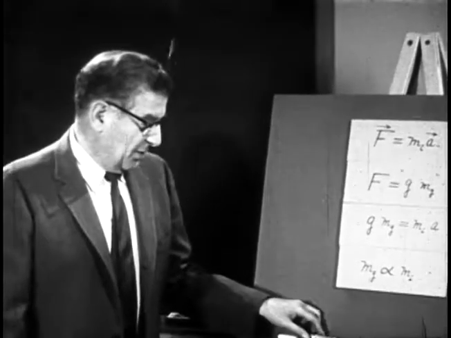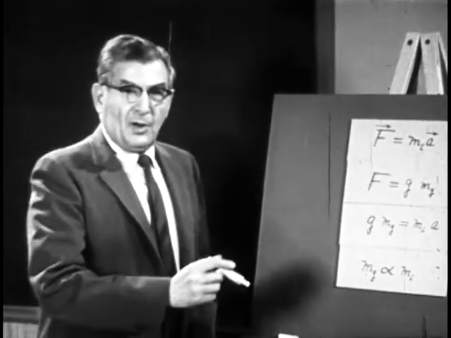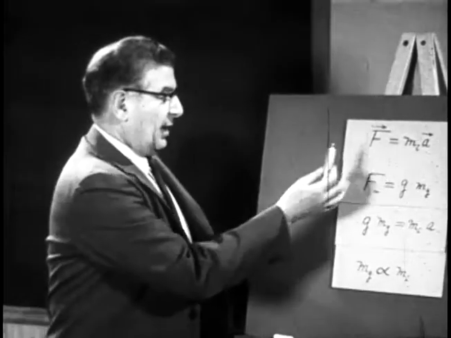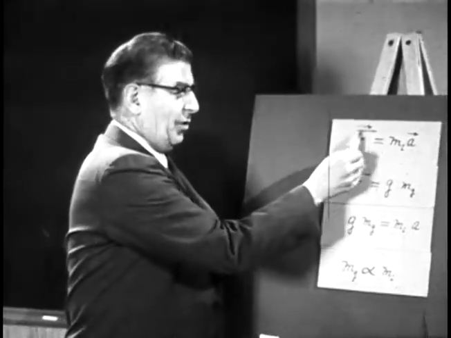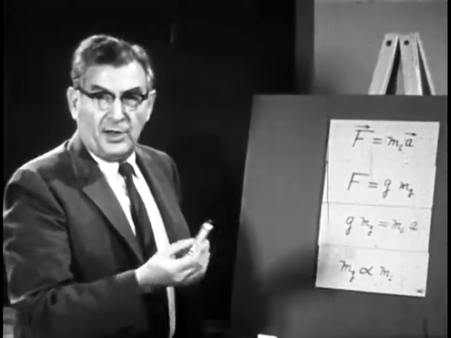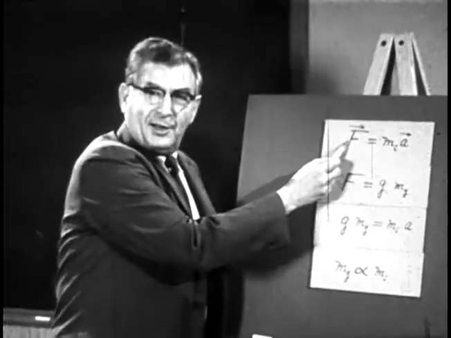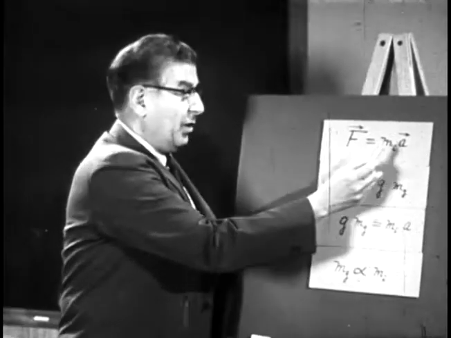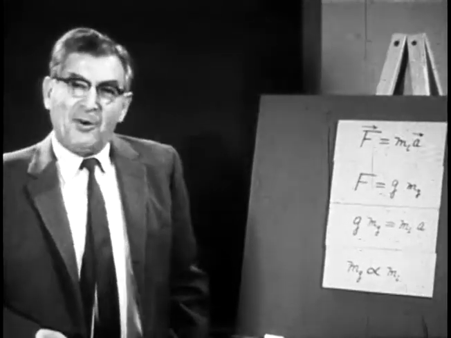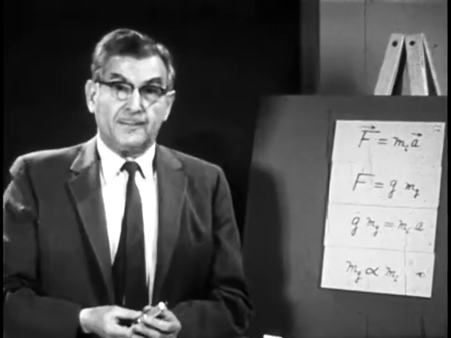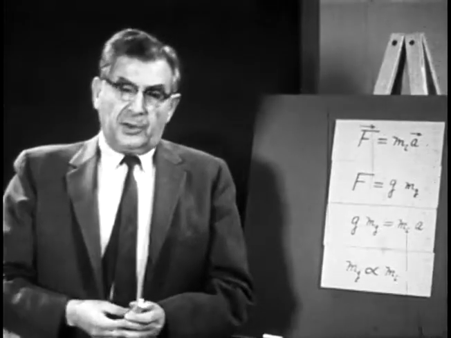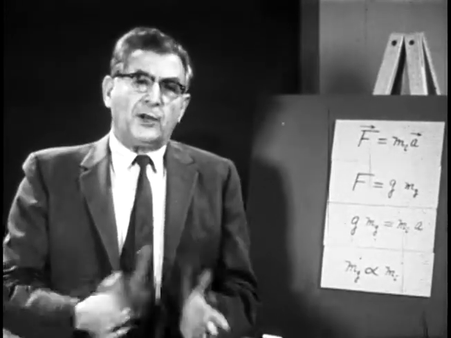Now, using Newton's law of motion, we can find out something more about the nature of inertial mass. You notice I have added arrows over the force and the acceleration in this formula. The reason is that we have determined experimentally that force is a vector, and we know that acceleration is a vector from its definition. Now, what we have found out from our experiment is that the vector force and the vector acceleration are in the same direction no matter which way the body moves.